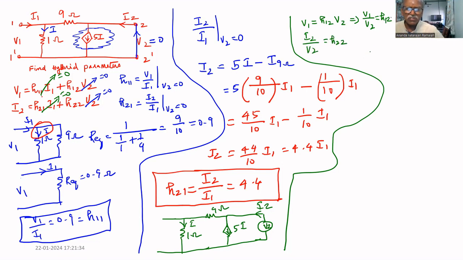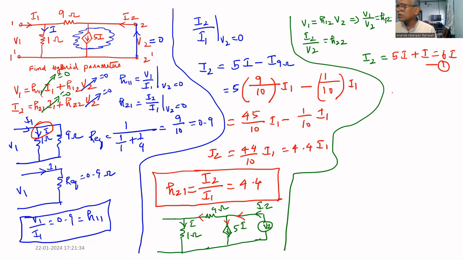I2 equal to what? I2 is the sum of these two. That is I2 equal to 5I plus I, that is equal to 6I. Let it be equation 1. I2 we got.